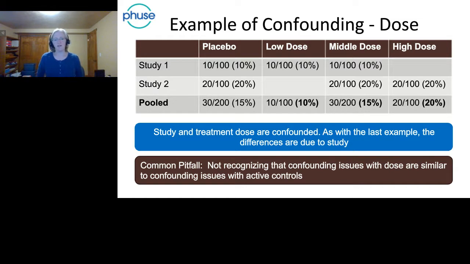Knowing and understanding confounding is very key to planning integrated analyses. A very common pitfall is not recognizing that confounding issues with dose are very similar to the confounding issues between placebo and active controlled trials.